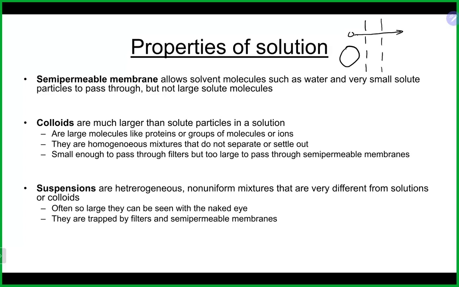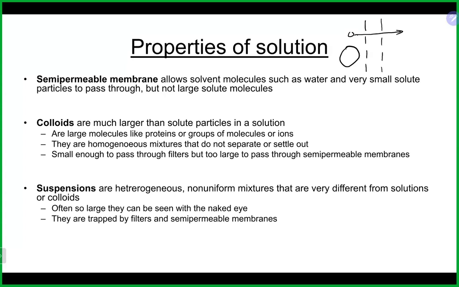Now, sometimes mixtures are classified as similar to solutions. They are what are referred to as colloids. Colloids are much larger than solute particles in a solution. They are large molecules like proteins, groups of molecules, or ions. They are homogeneous, which means they look the same throughout, and they do not separate or settle out.